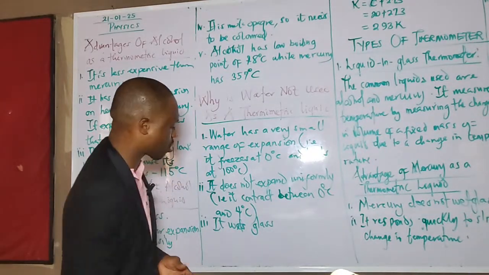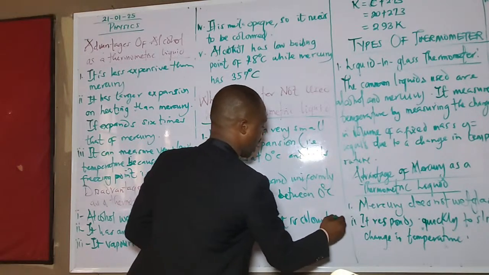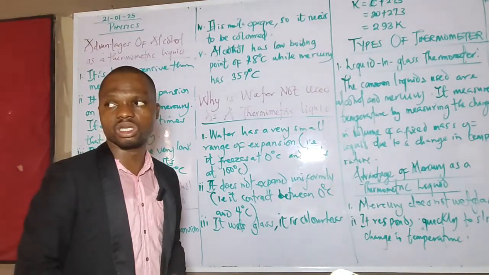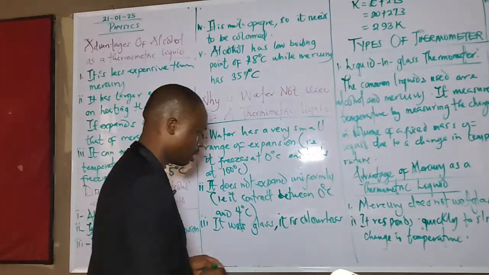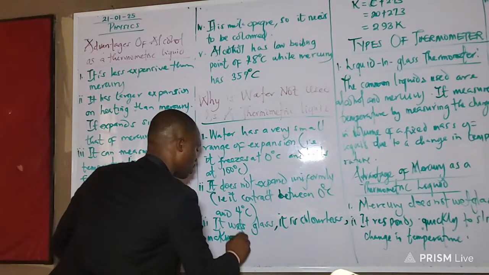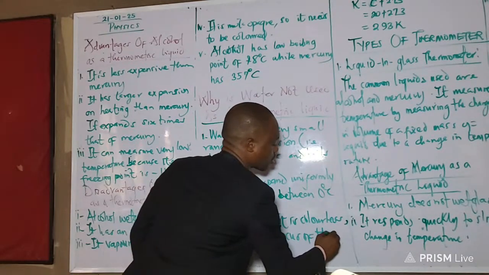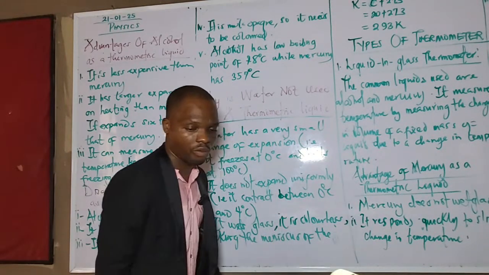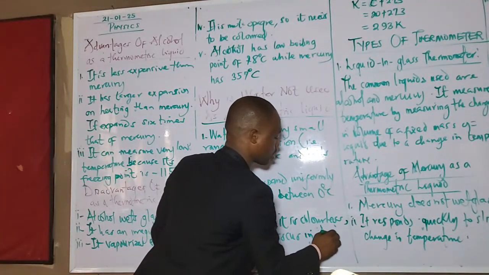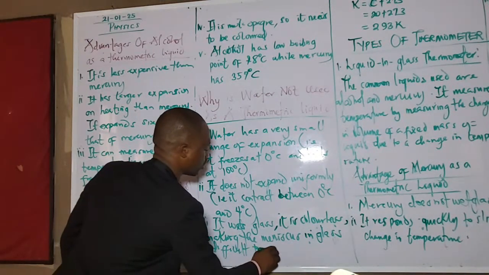It is colorless, thereby making the meniscus in the glass difficult to read.